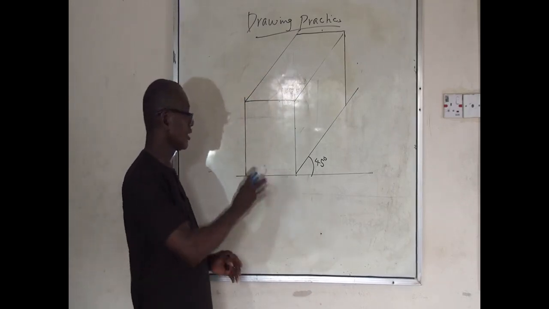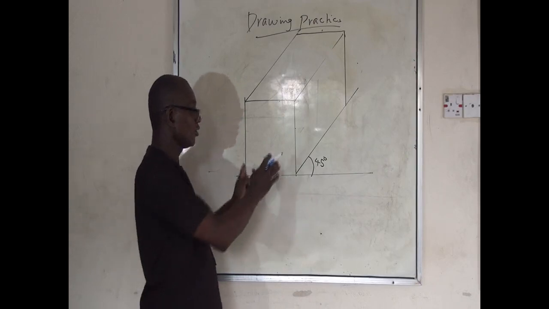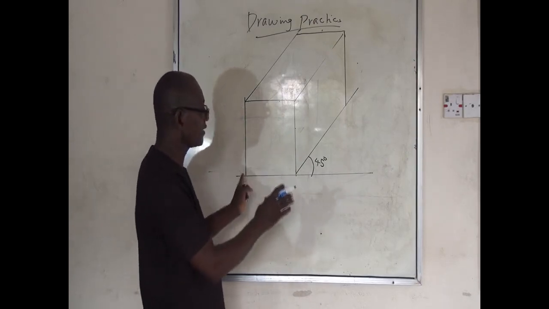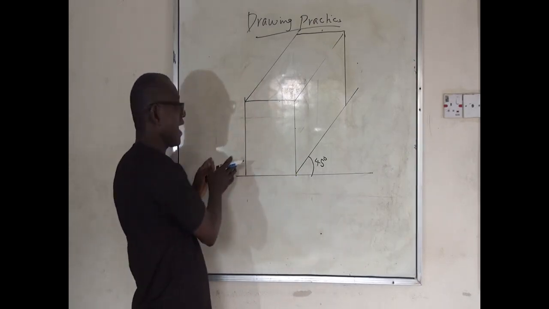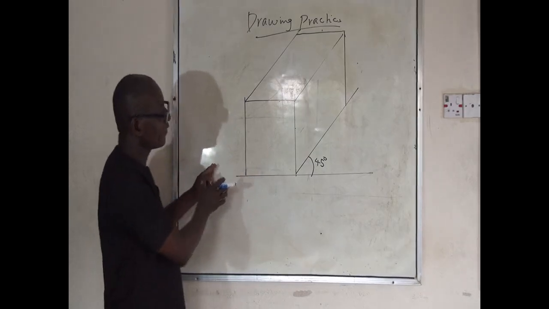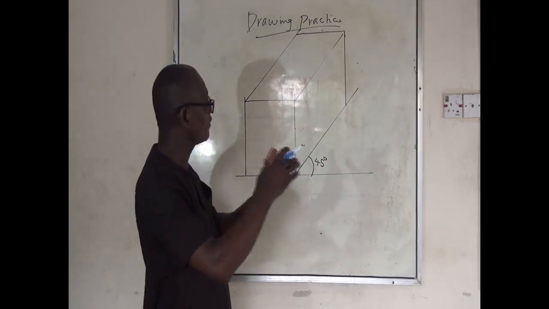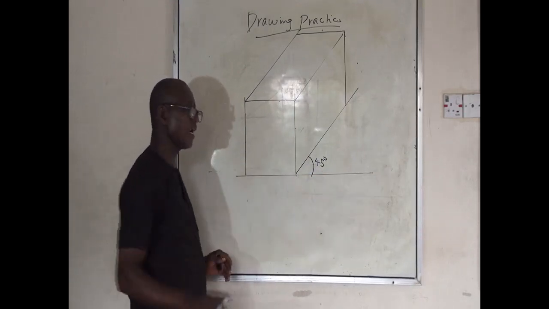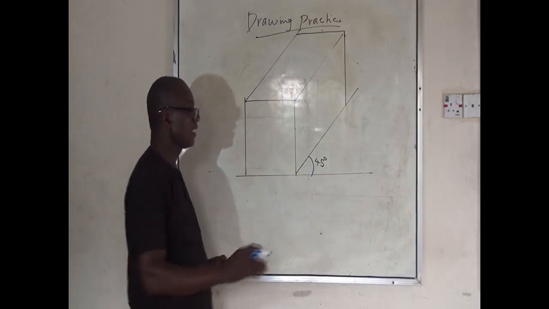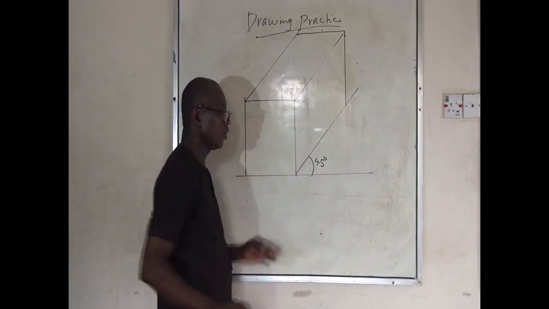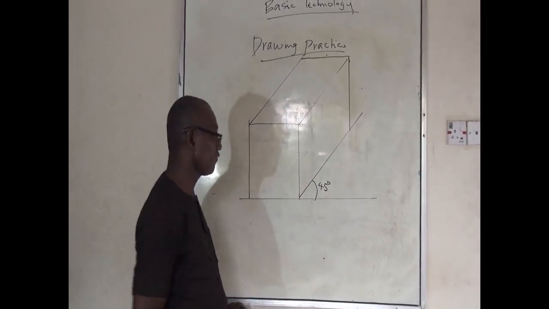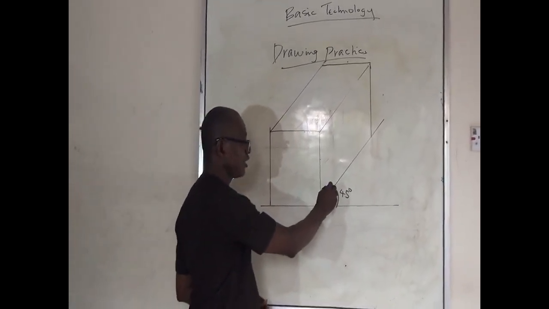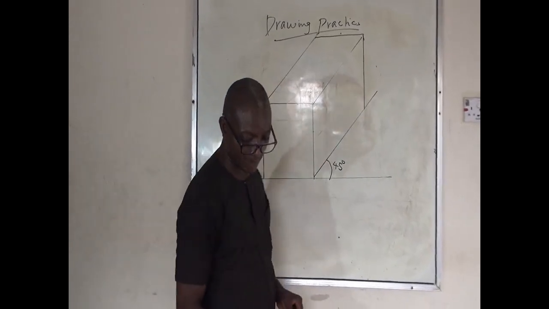In isometric, you do not have a true face. You can stand here and look, it seems as if it is the face. You stand the other side and look, it seems as if it is the face. But here you have the normal face that is parallel to the viewing plane. And then you also have the oblique side of it, and the angle is at 45 degrees.